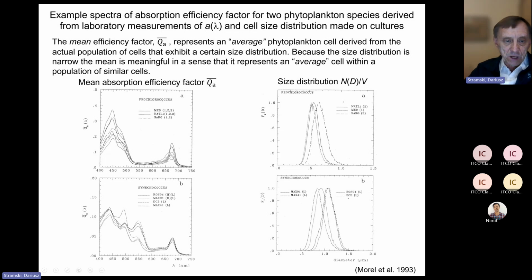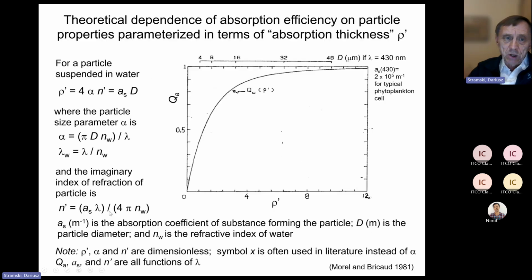And for Synechococcus, you actually see somewhat smaller values, even though the cell is larger. These cells have lower efficiency factors than Prochlorococcus cells, but Synechococcus is larger. By the way, the absorption coefficient of the substance is related to intracellular pigment concentration, in other words, the concentration of pigments per unit volume of the cell.